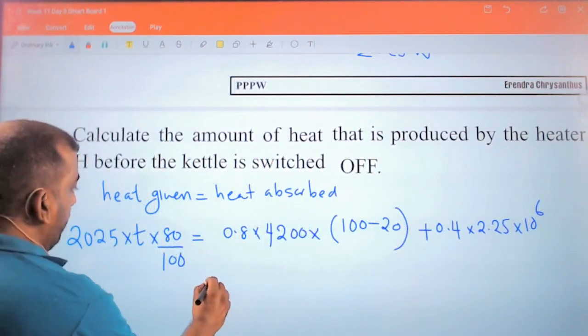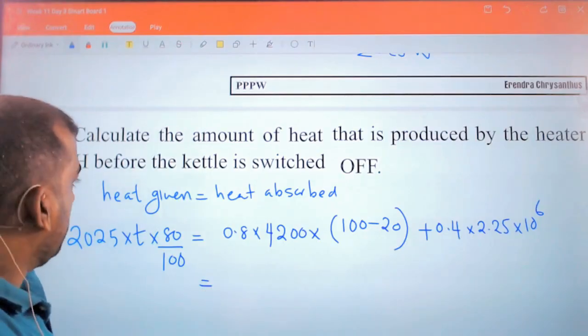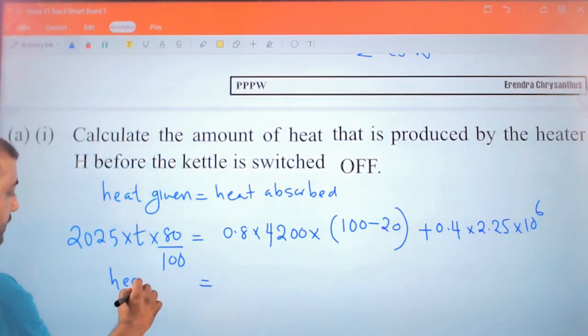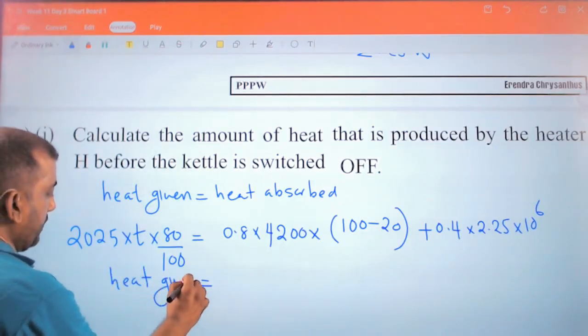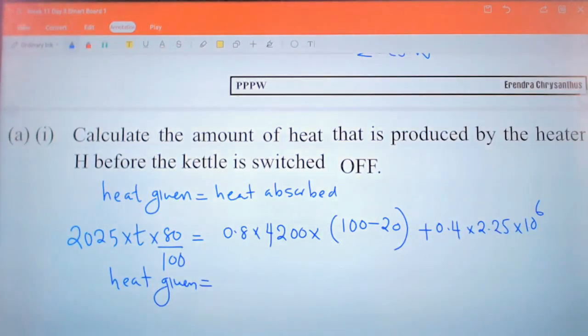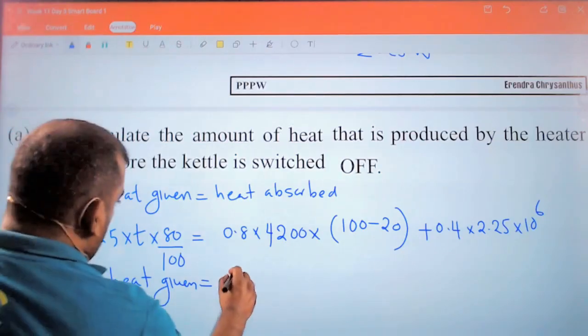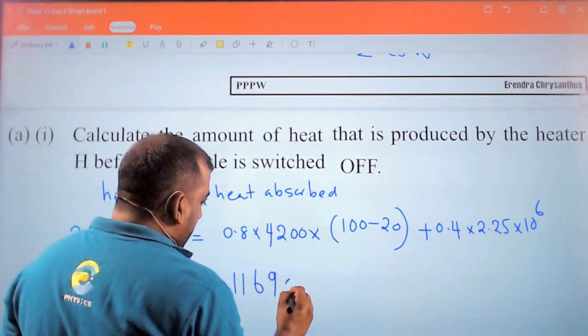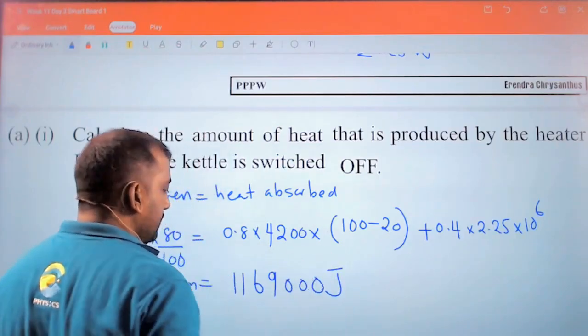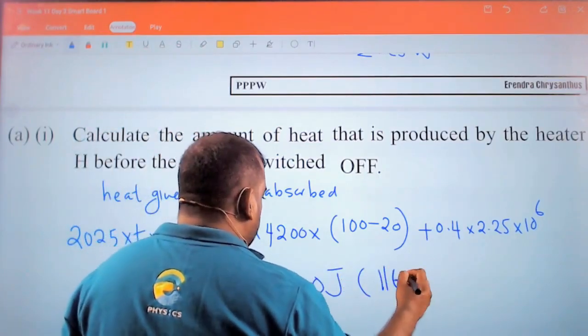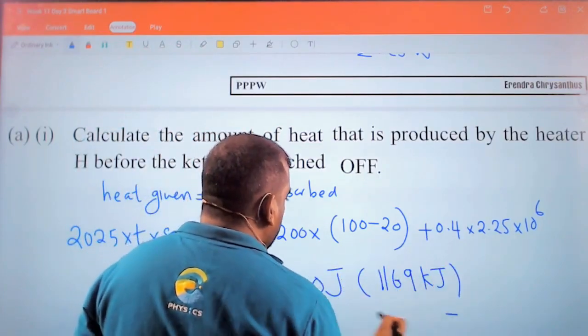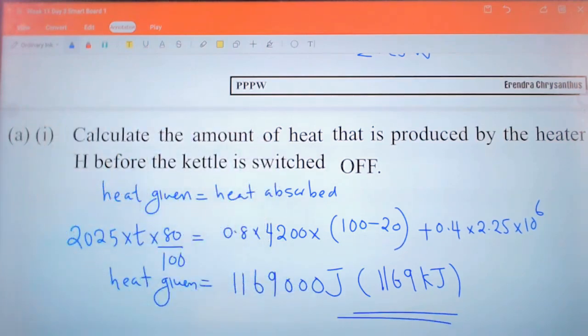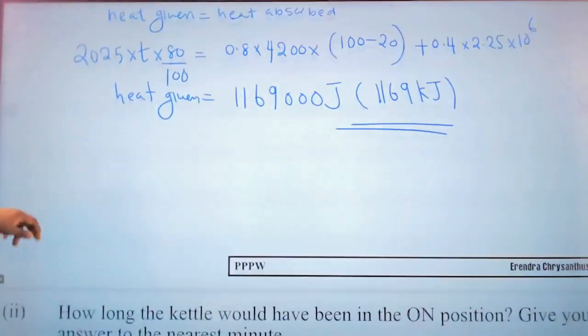The amount of heat given is here. If you simplify the relationship, heat given 1169 kilojoules. Right.